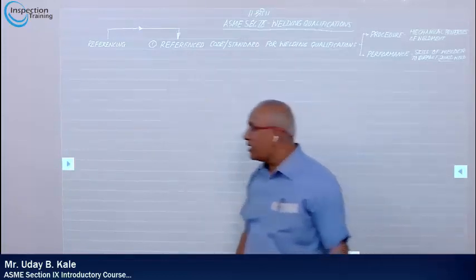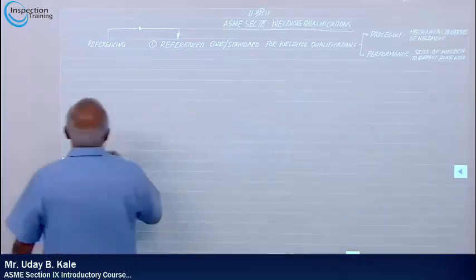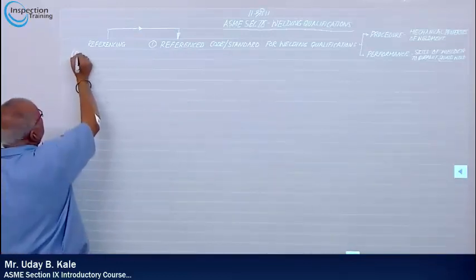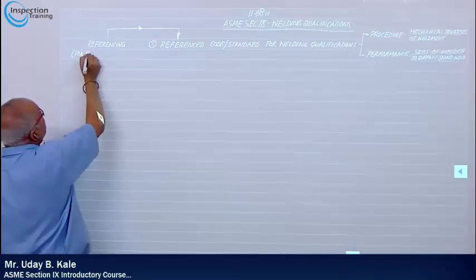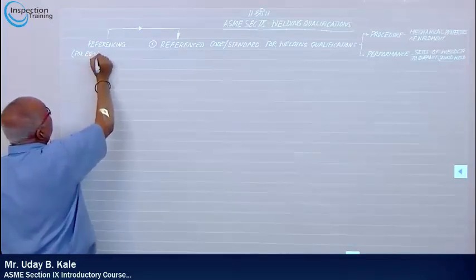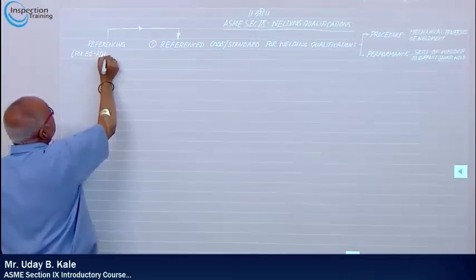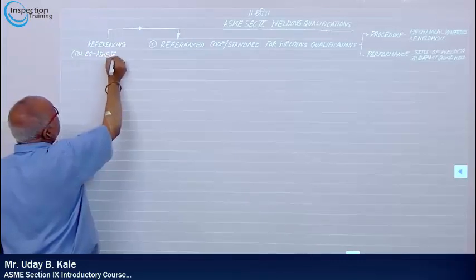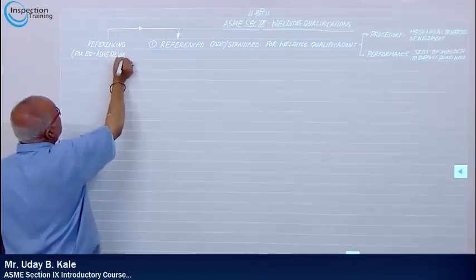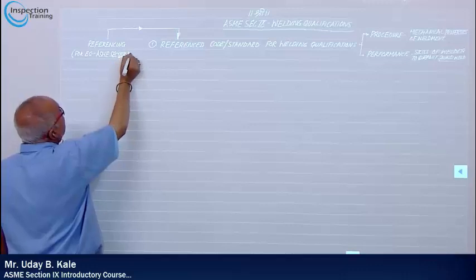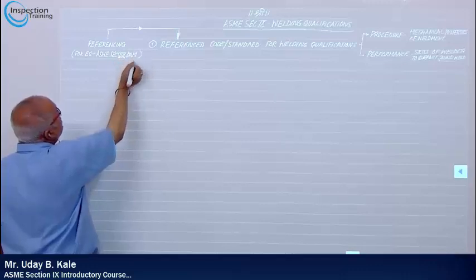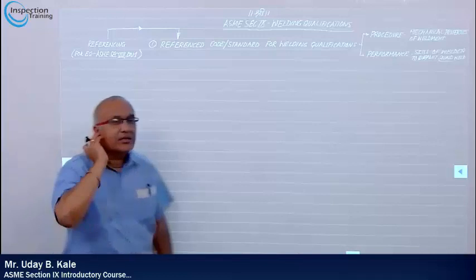So in short, referencing, for example, ASME Section 8 Division 1, is a referencing document.